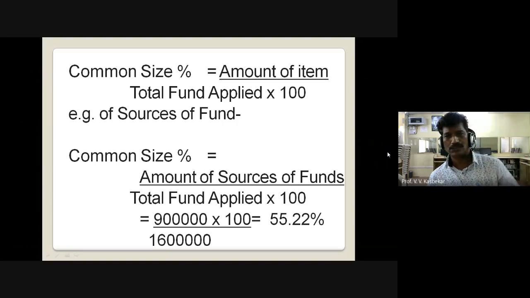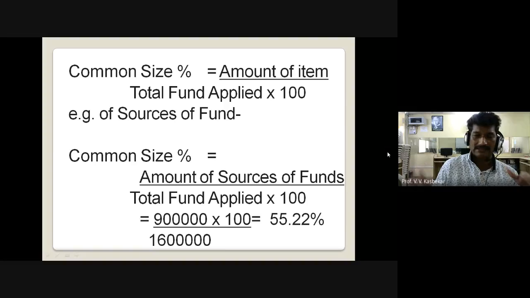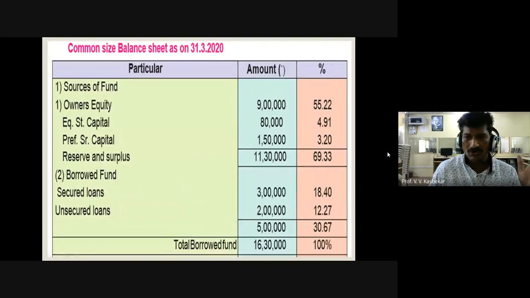आता आपण इथे sources of funds, here we can see common size percentage. In that, sources of funds are rupees 9 lakh. You can see in the balance sheet which we have arranged in vertical manner. Okay, 9 lakhs and 16 lakh 30,000, it is total borrowed funds.